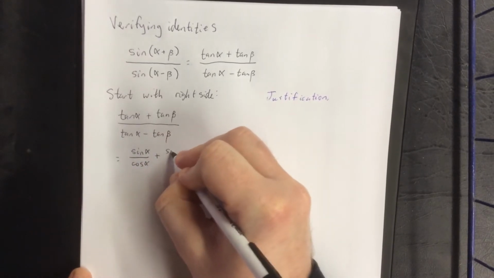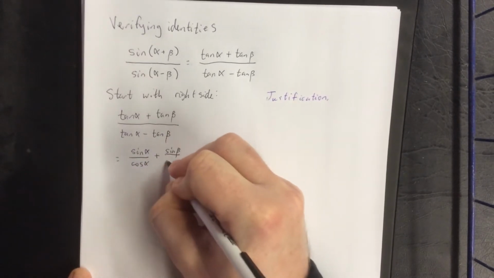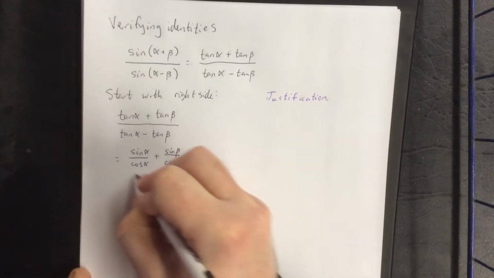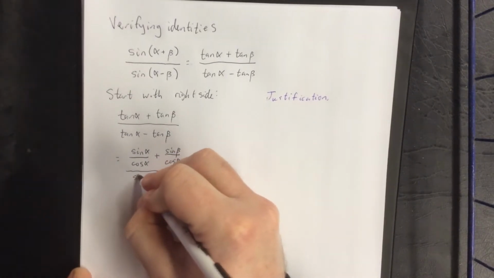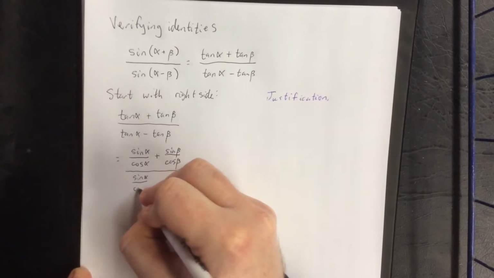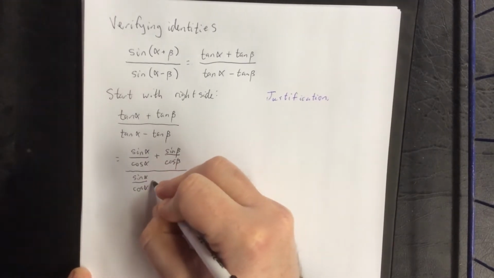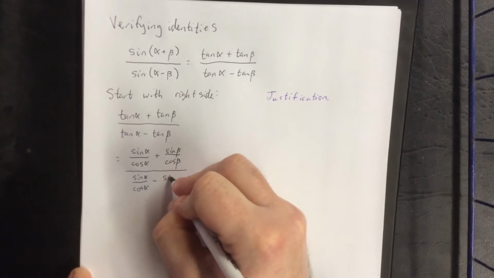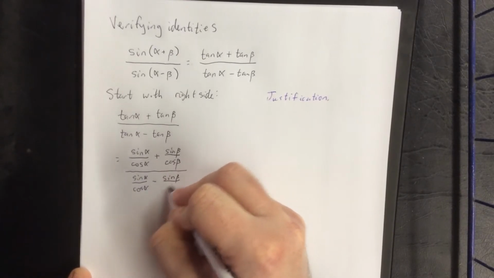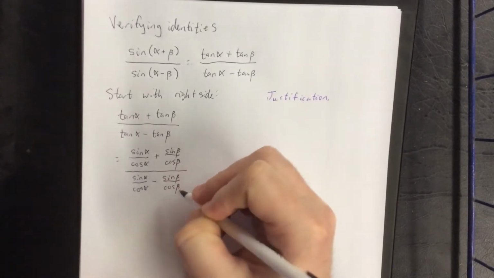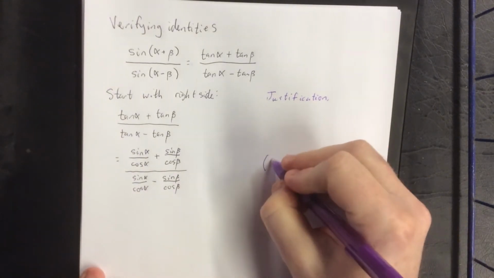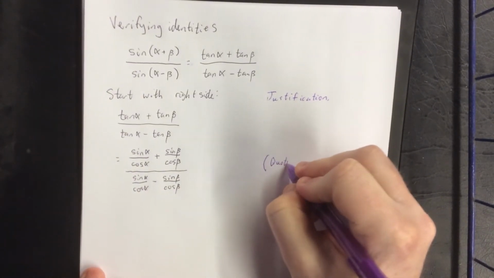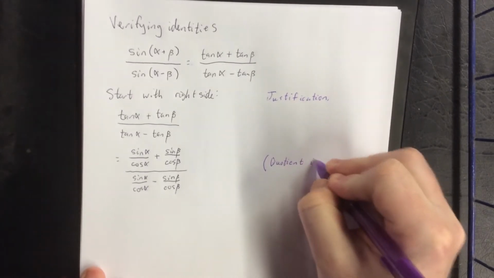And the tangent of beta will be the sine of beta over the cosine of beta, all over, once again, sine of alpha over the cosine of alpha minus the sine of beta over the cosine of beta. The justification for this is going to be that we used quotient identities.